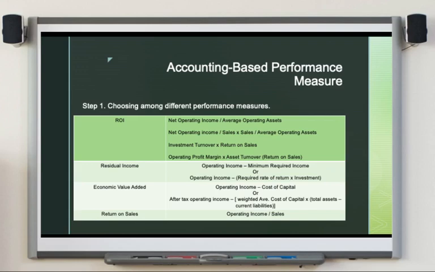So, one means to evaluate a performance of a manager or a unit is the use of a balanced scorecard. The balanced scorecard provides emphasis on both internal and external information or measures, such as stock prices, amount of total sales, or amount of income, or amount of cost.